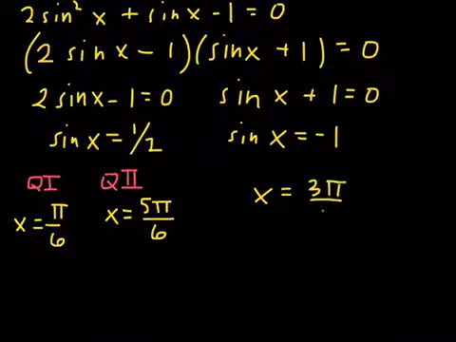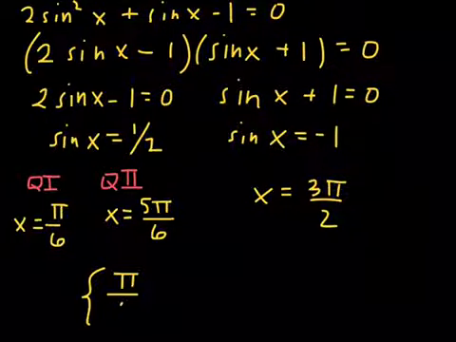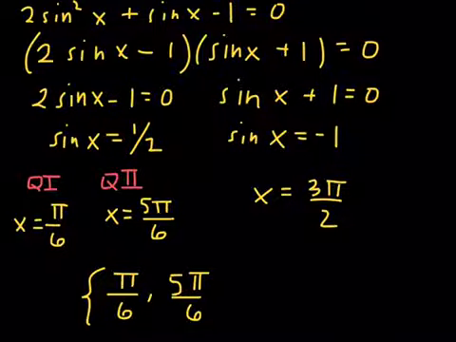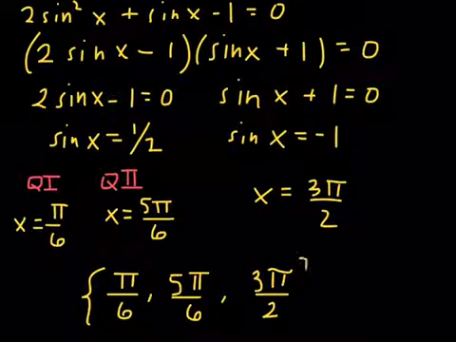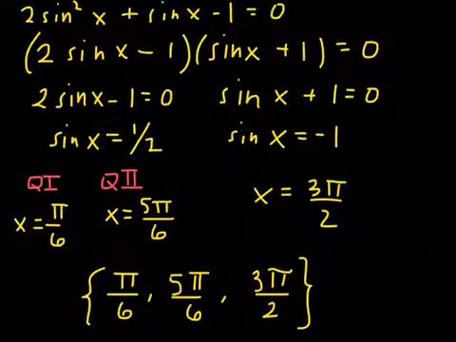All right? So in set notation, you'll have pi over 6, 5 pi over 6, and 3 pi over 2. And these are your only solutions. There's 3 of them. Okay? The set notation is nice because all your solutions are written for you. That one was pretty straightforward. I think what was important is the very beginning steps when you were using a double angle identity.